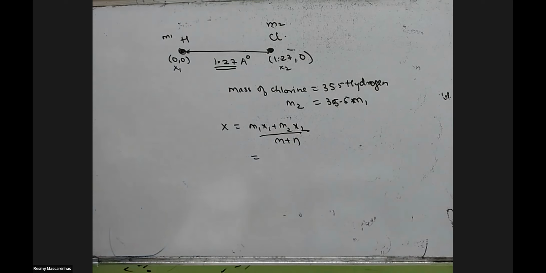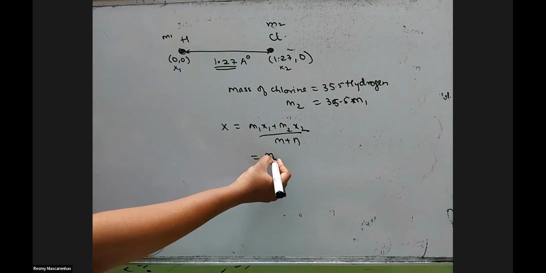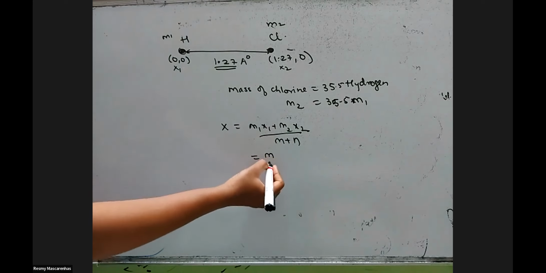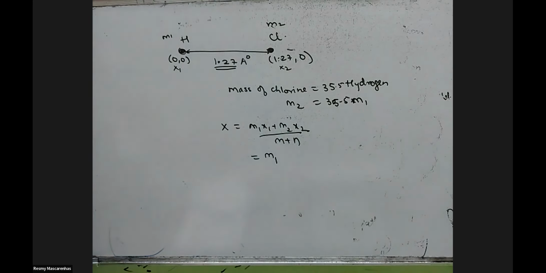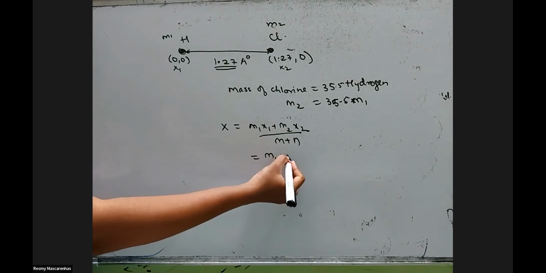m1 is, keep it as m1 only. Okay, keep hydrogen mass as m1 only. x1 is 0.